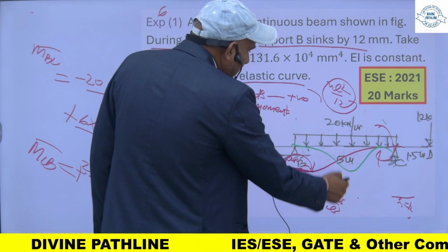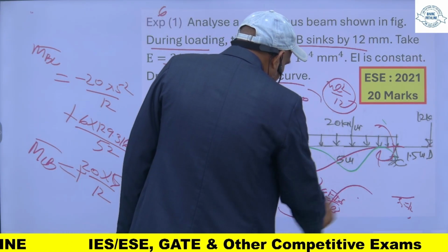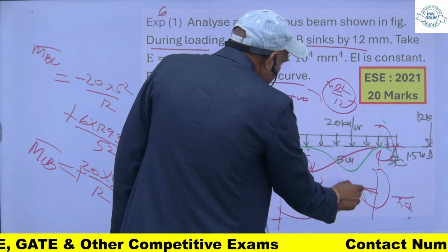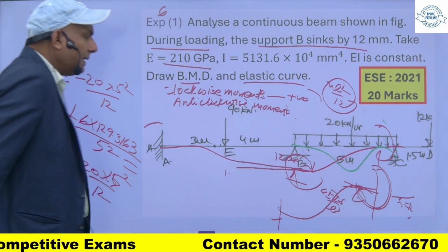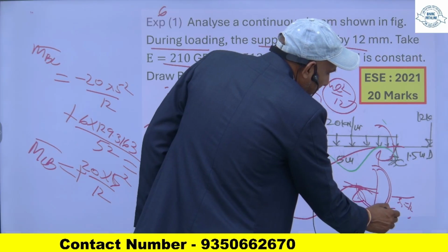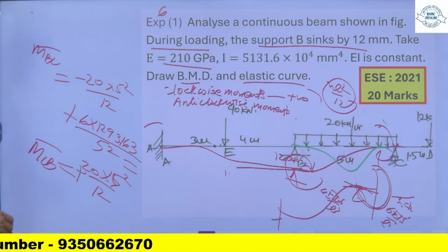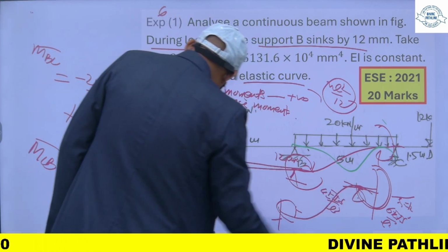And due to sinking also, it will deflect like this. So the moment will be like this. This is also clockwise, and this will be the 6 EI delta upon L square formula, so this will be positive. So for this span it will be clockwise both ways.